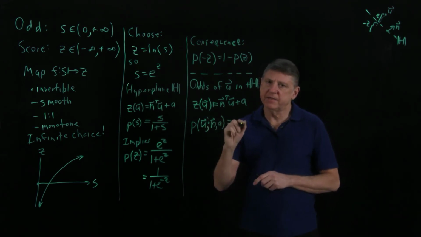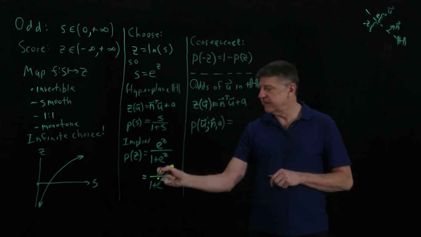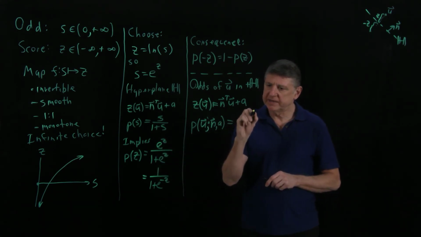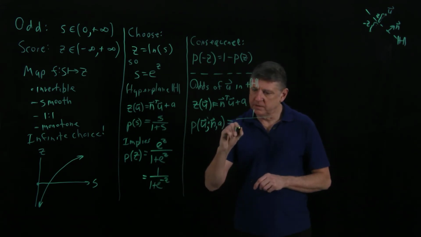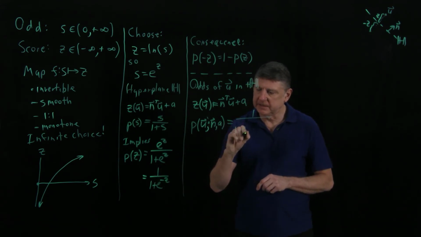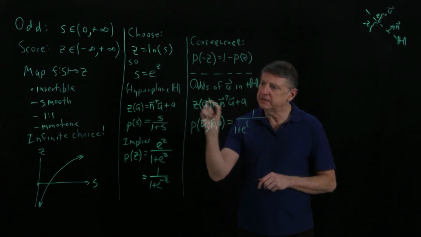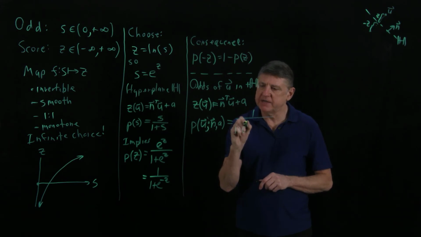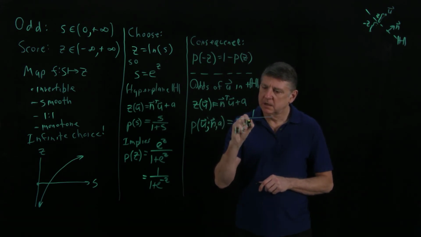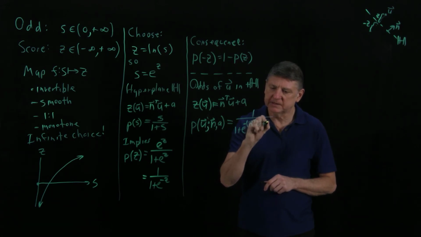And let's say that that is, now let's take this form. So that is 1 over 1 plus e to the, now I'll parenthesize it, minus n transpose u plus a.